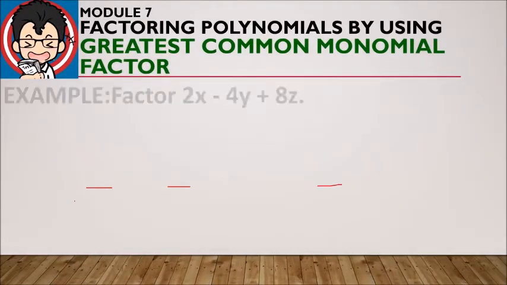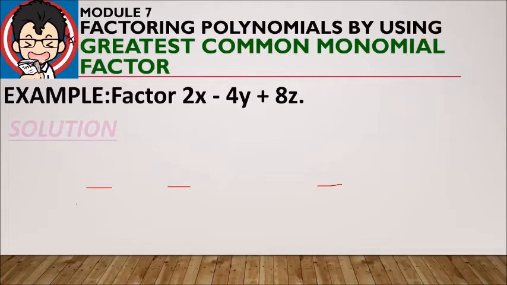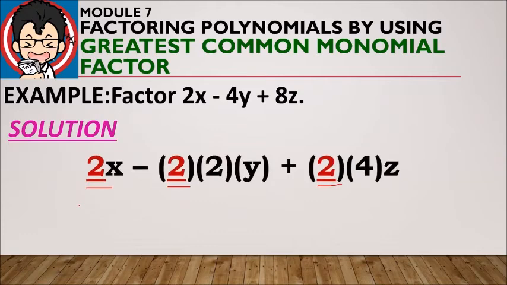Now in this case, lumalabas na ang common monomial factor natin for this example is 2. So for this example, para mas madali ninyong makita yung common monomial factor, ayan, in-underline ko na siya, and ang kulay niya ay kulay red.